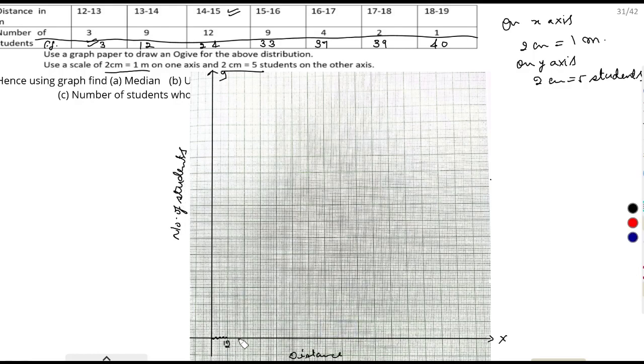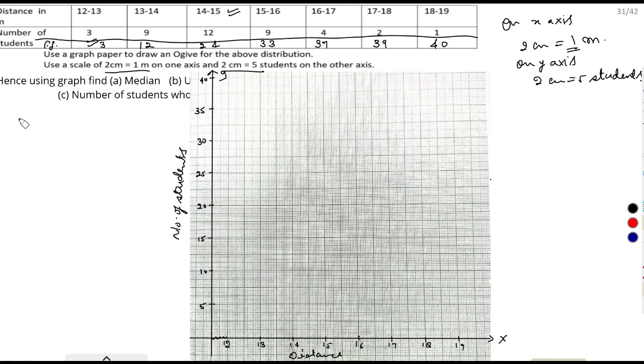Suppose this is 12. Then after 2 centimeter, 1 meter. It means after 2 centimeter, you will get 13, 14 and so on. On y-axis, 2 centimeter is equal to 5 students. After 2 centimeter, it is 5, 10 and so on.